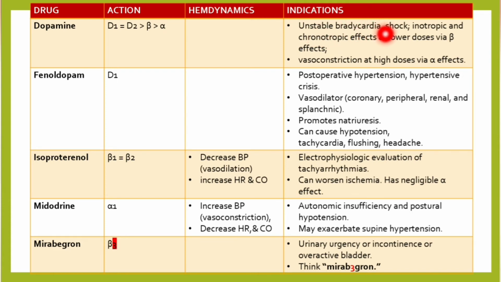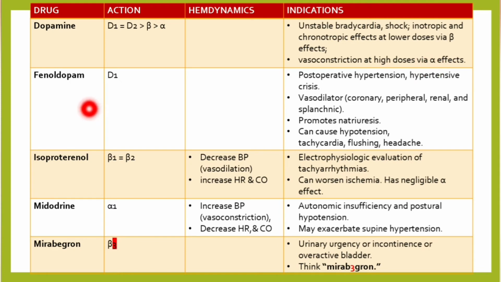This drug, dopamine, has inotropic and chronotropic effects at lower doses via beta activity, and it has a vasoconstriction effect at higher doses via alpha activity.